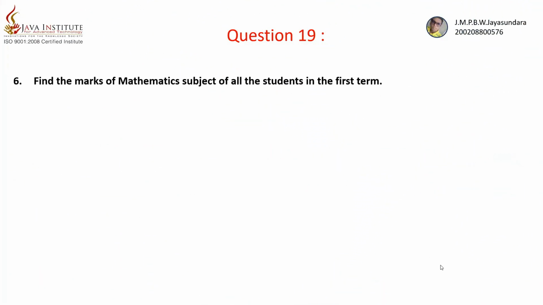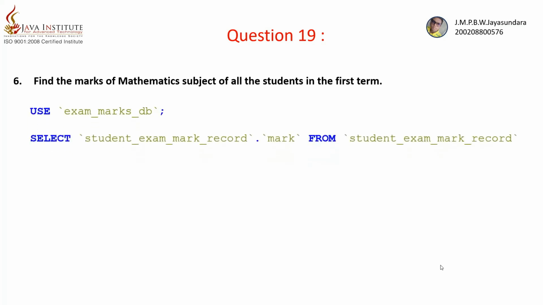Here we have our sixth question and it says find the marks of the mathematics subject of all students in the first term. First we need to define our database, then we can run a search query.